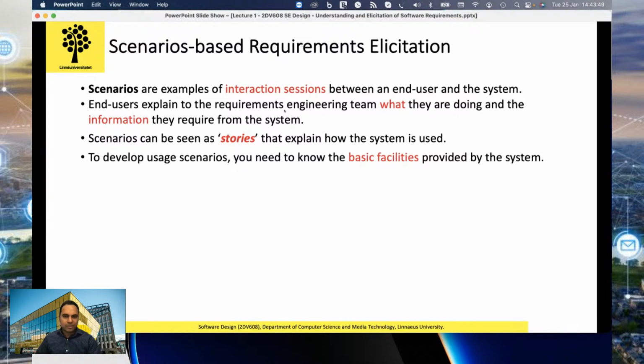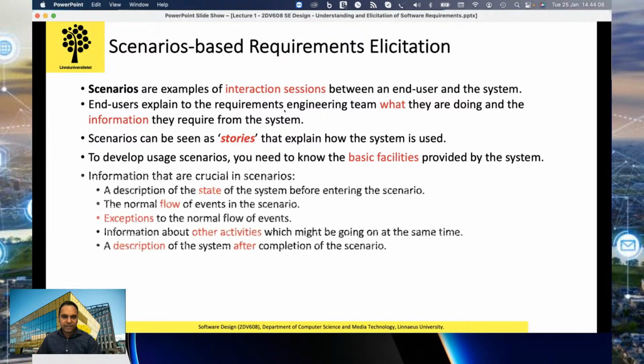So what input the end user is giving, what is happening behind, and what's the output that a scenario or a story produces. So this can be one way of eliciting requirements, and this can also be done using pen and paper. You don't need to develop any prototype to create these scenarios or stories.